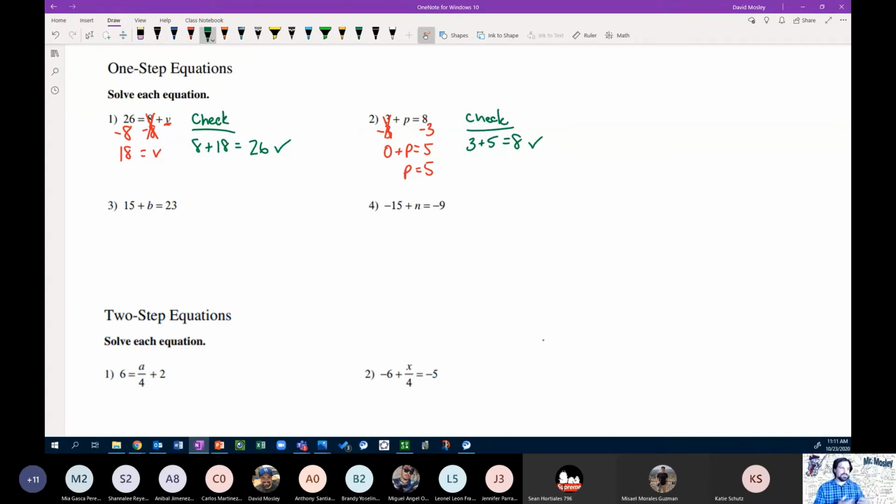We're starting very simple and adding extra parts along the way as we go to the two-step and then multi-step. So I'm showing all the steps and all the work so that things aren't missed because everyone's in a different place of understanding.